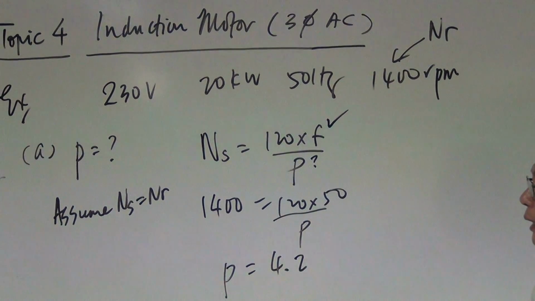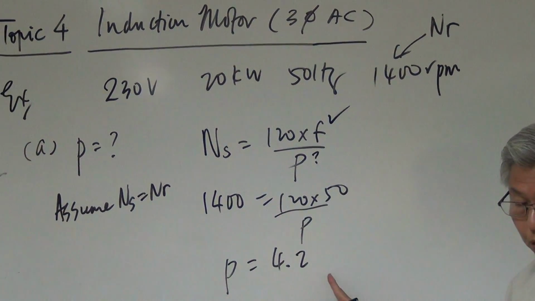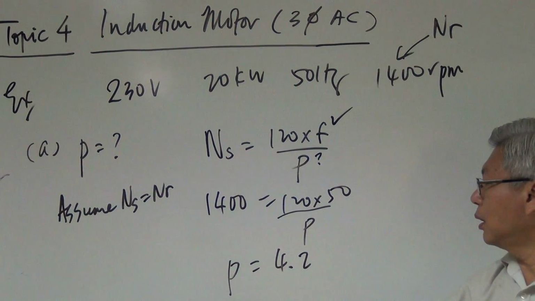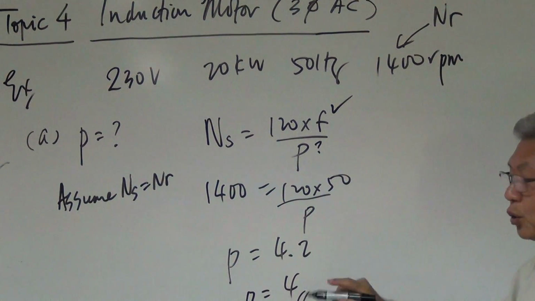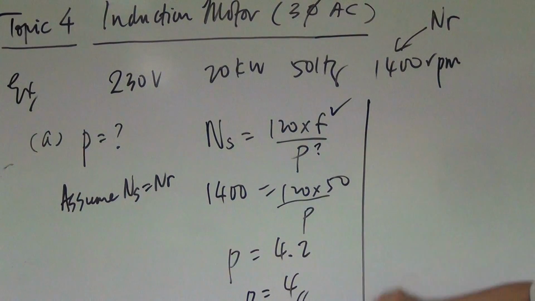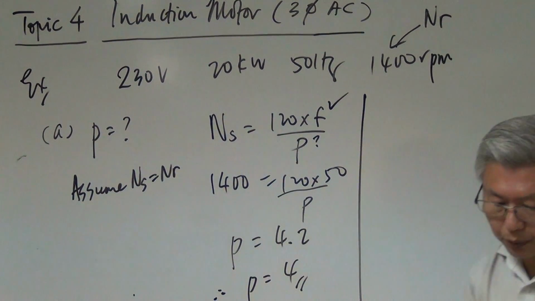Number of poles cannot be a fraction, so you must always round down. So the number of poles is equal to 4. You don't round up, always round down. So that's the way to find the number of poles for this question.